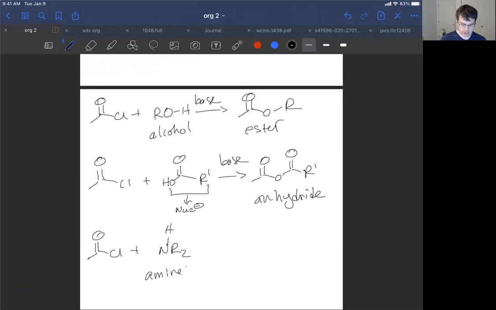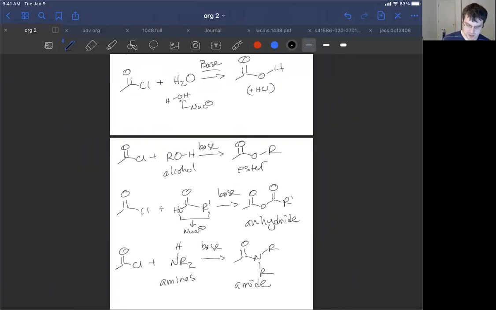Now, if you take an acid chloride, react it with an amine in the presence of some base, you're going to get an amide or amide, depending on where you're at. So we now have access, if we think about it, let's see, what carboxylic acid derivative can't we get directly from an acid chloride, ignoring other acid halides or something like that?